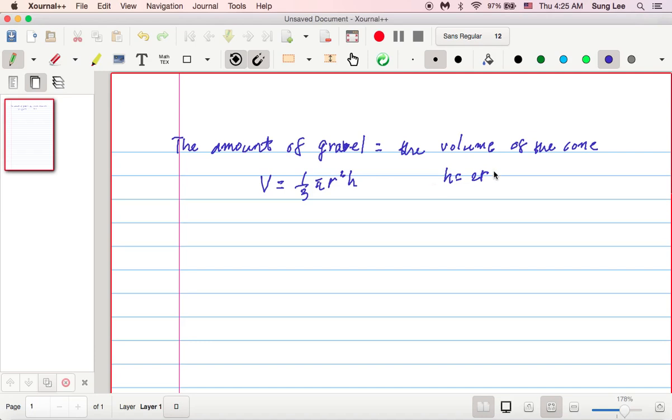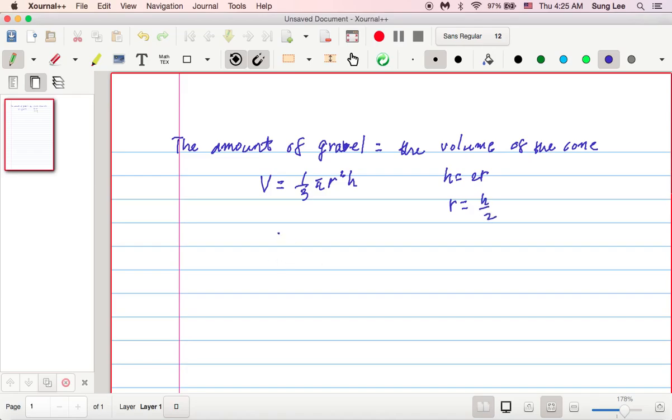So using this relationship, you can reduce V to a function of a single variable, not two. So here, r equals h divided by 2.